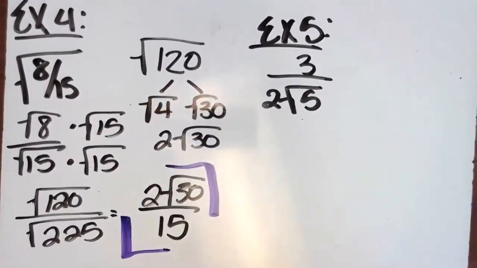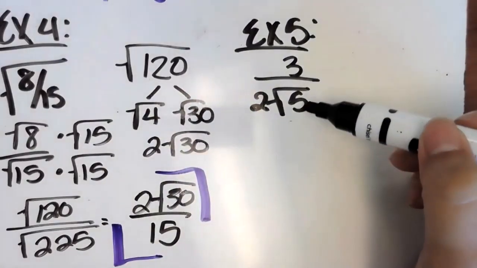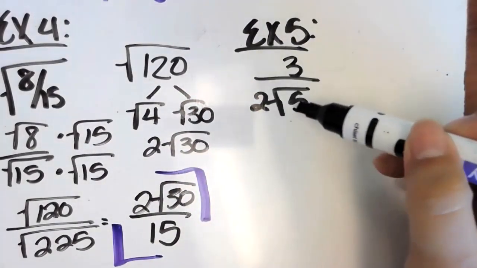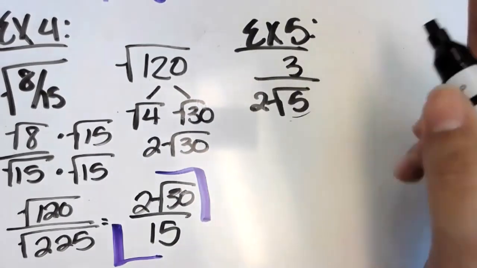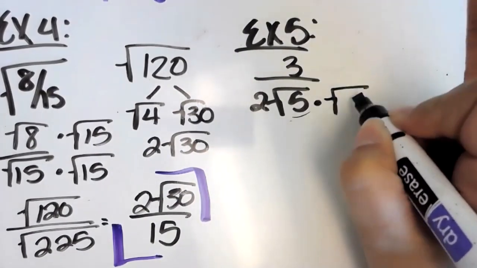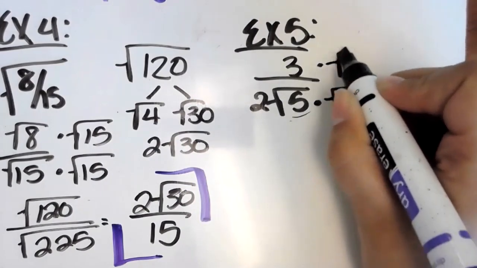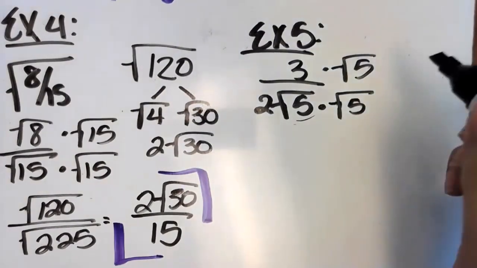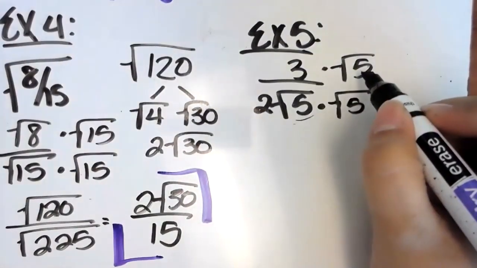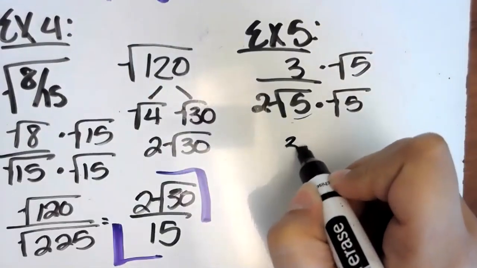And if you look over at example number 5, you can see that you have 3 over 2 square roots of 5. You have a square root in the denominator, and you can't simplify this anymore. So to remove it, you would just multiply by the radical in the denominator. You don't have to multiply by 2, just by the square root of 5. This is a coefficient. This is a radical. They cannot be multiplied together.